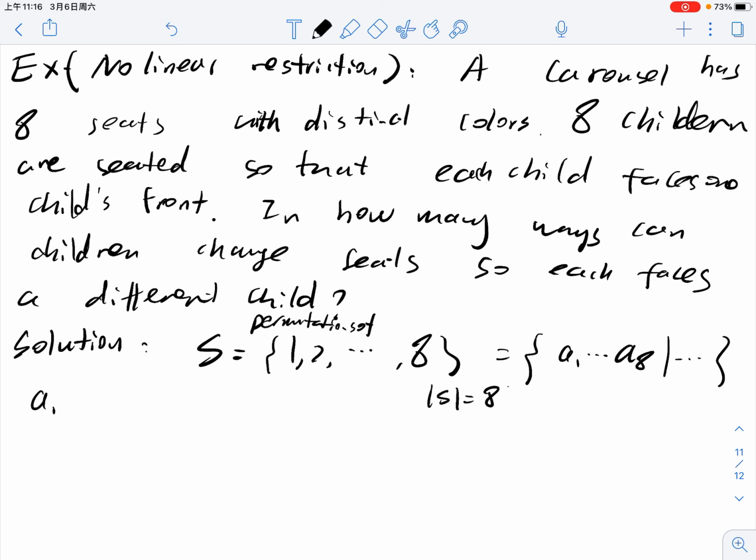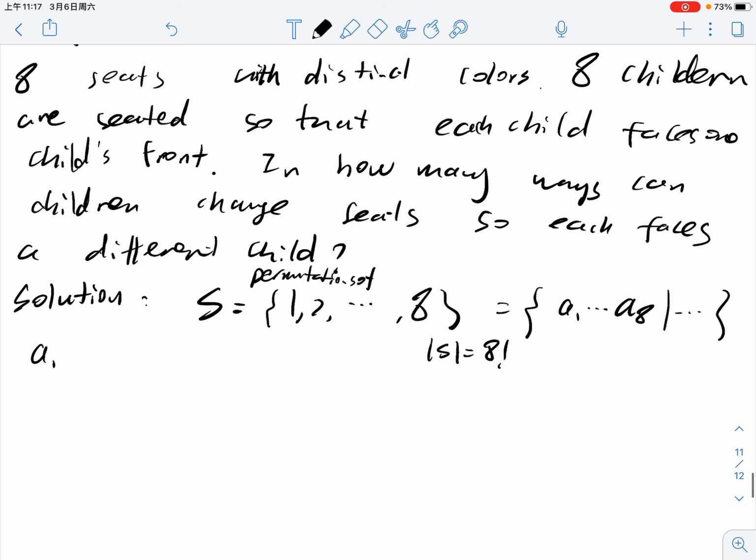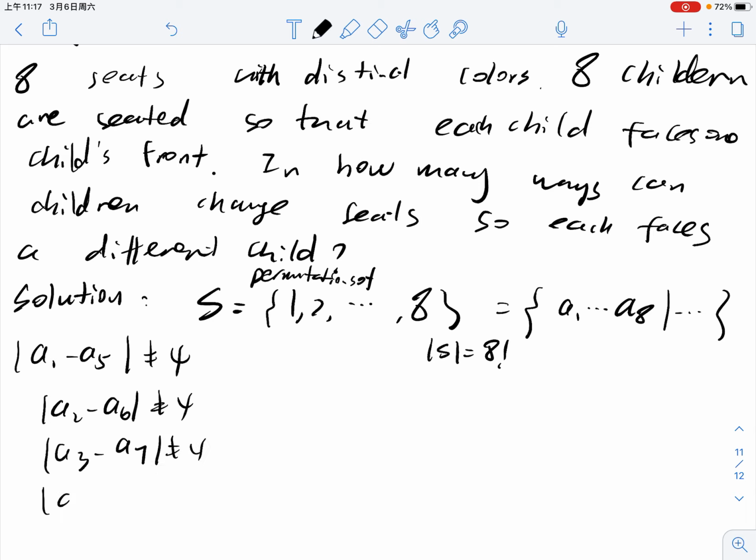Firstly, we note that the cardinality of S is 8 factorial. And the restriction is A1 minus A5 is different from 4, A2 minus A6 is different from 4, A7 minus A3 is different from 4. Similarly, A8 minus A4 is different from 4.